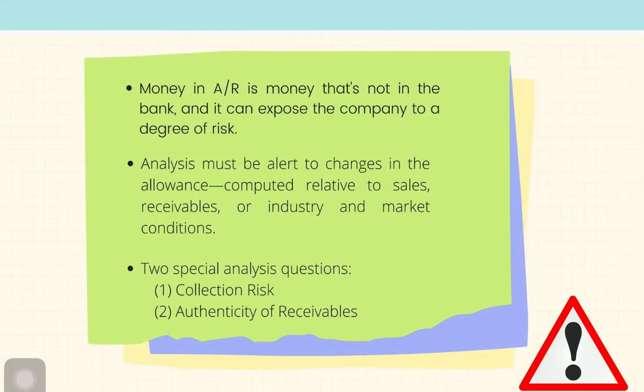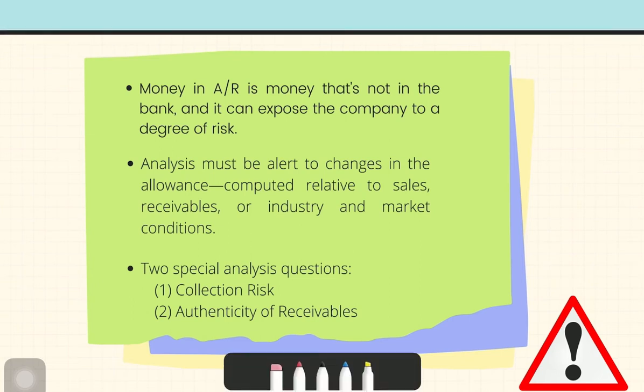Money in accounts receivable is money that's not in the bank, and it can expose a company to a degree of risk. The assessment of earnings quality is often affected by an analysis of receivables and their collectability, so the analyst must be alert to changes in the allowance, such as when computed relative to receivables or industry and market conditions.